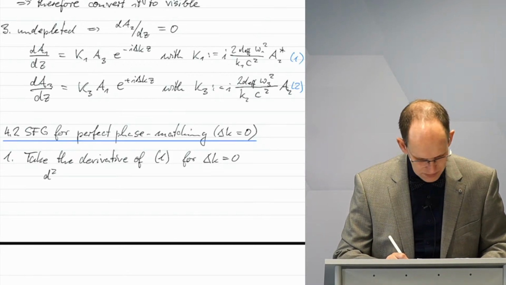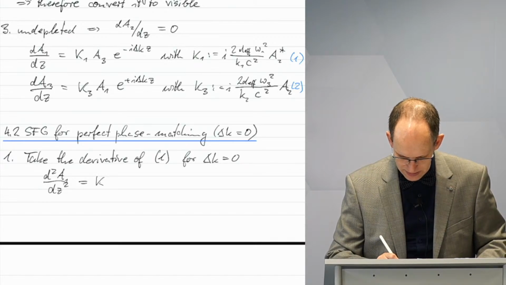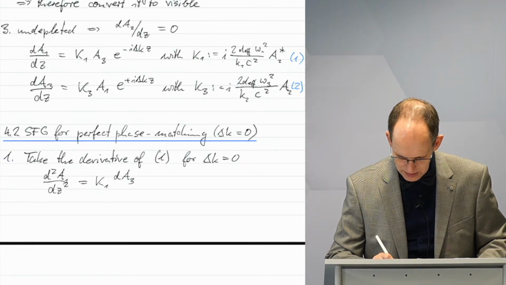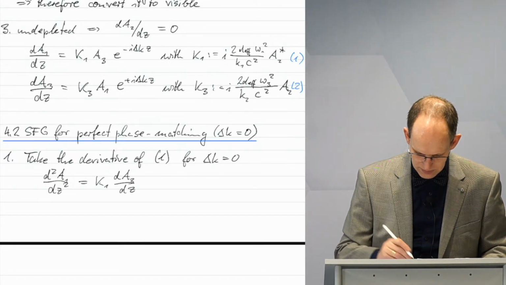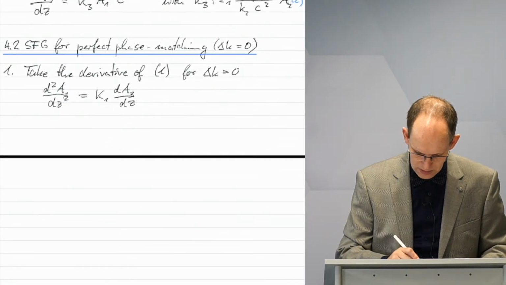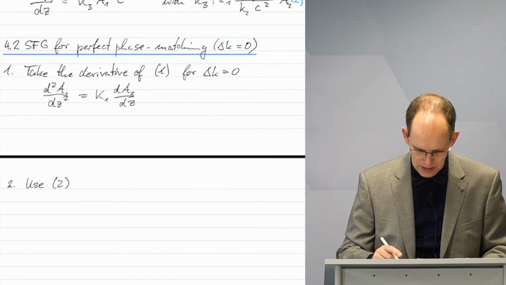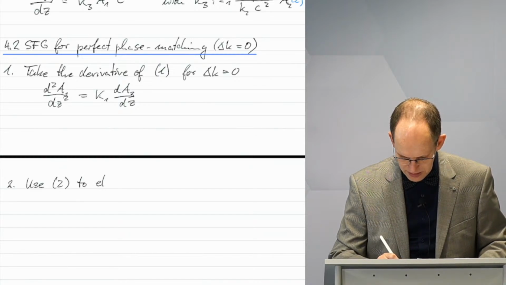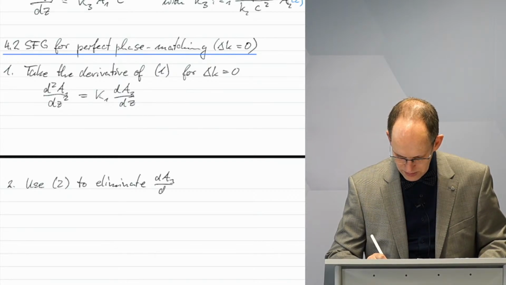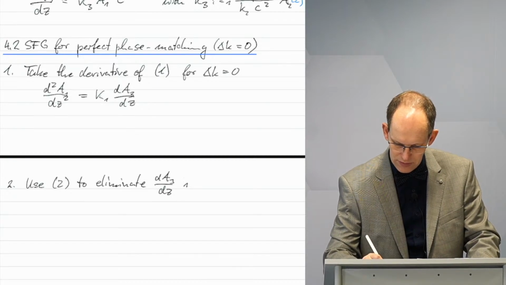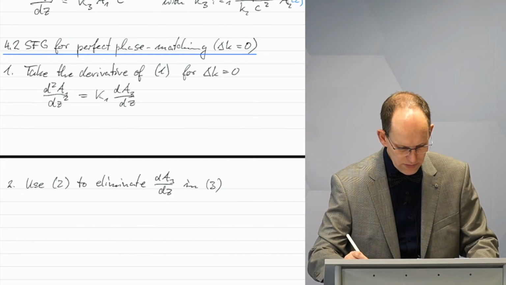And if we do that, then we have, of course, the second derivative of A1. And that's equal to K1 times the derivative of A3. Now, the next step would be we use equation 2 to eliminate dA3 over dz, so the derivative of A3 in equation 3.